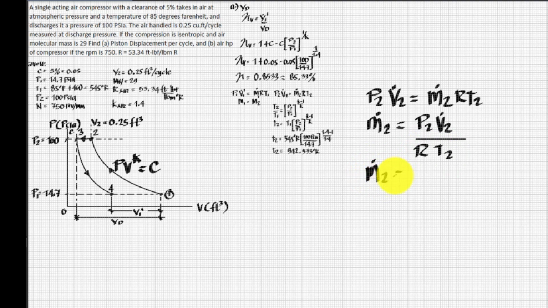So for the mass flow rate, we have pressure 2, which is equal to 100 psi, so this is 100 pound force per square inch.